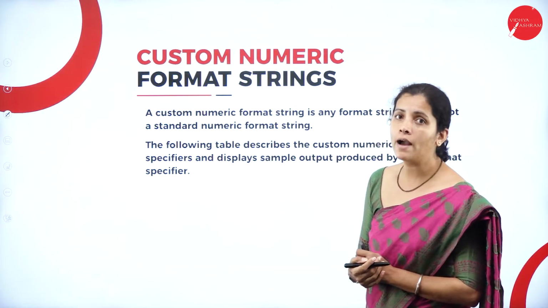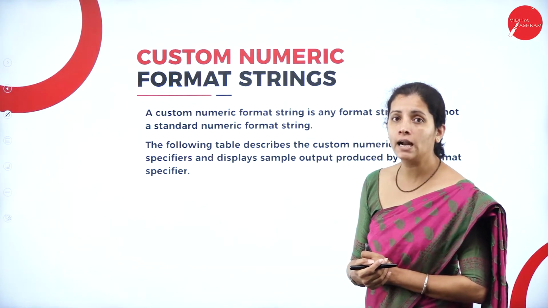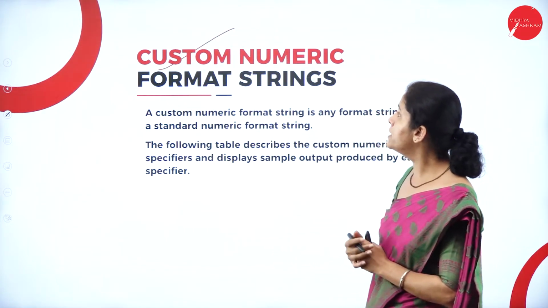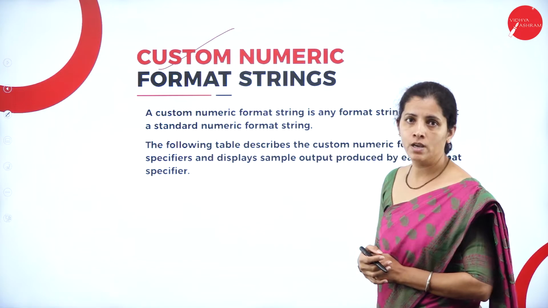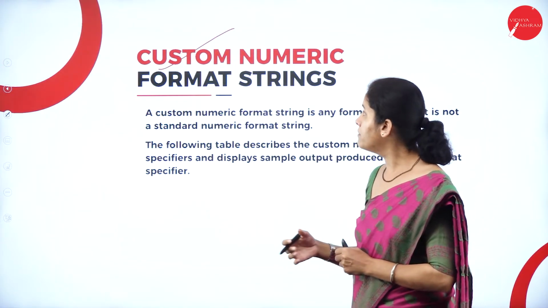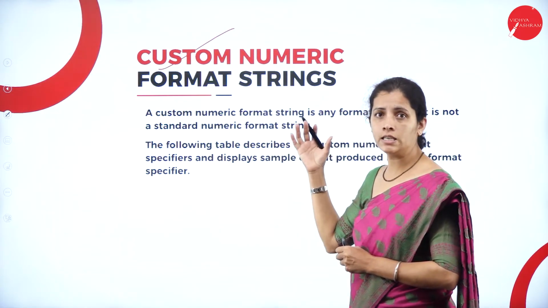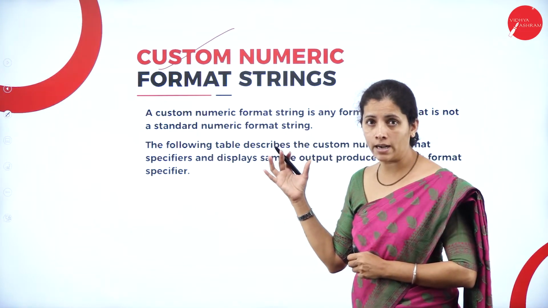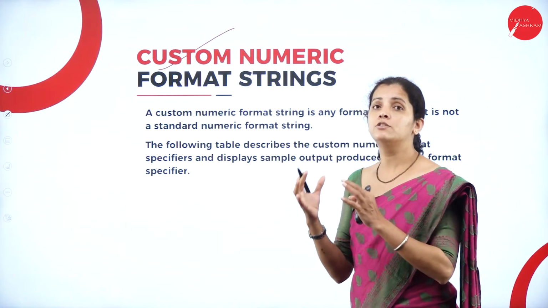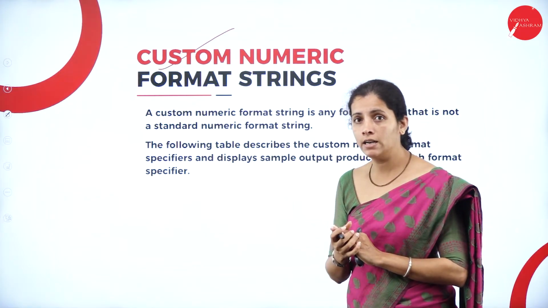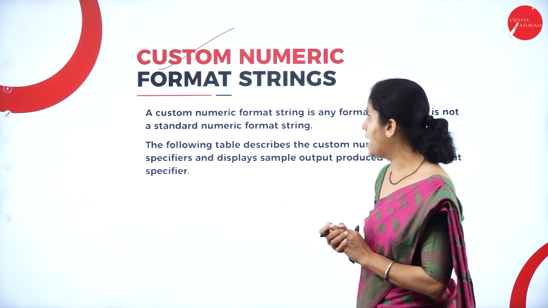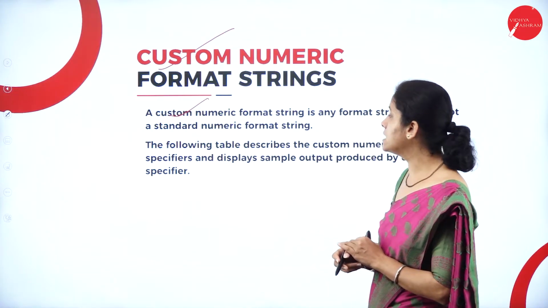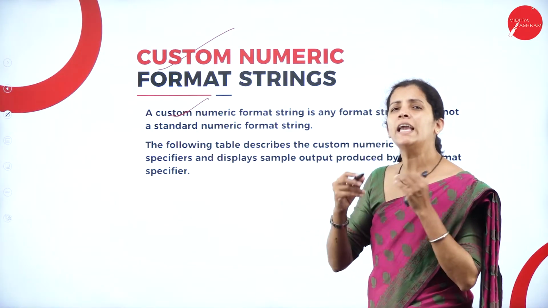Now I'm going to have the last topic under this chapter, that is custom numeric format string. Okay, so here whatever the custom numeric string I have, that is not the standard string format. That is, in the sense, it is not in the form of the standard numeric format. So a custom numeric format string is always in any form.